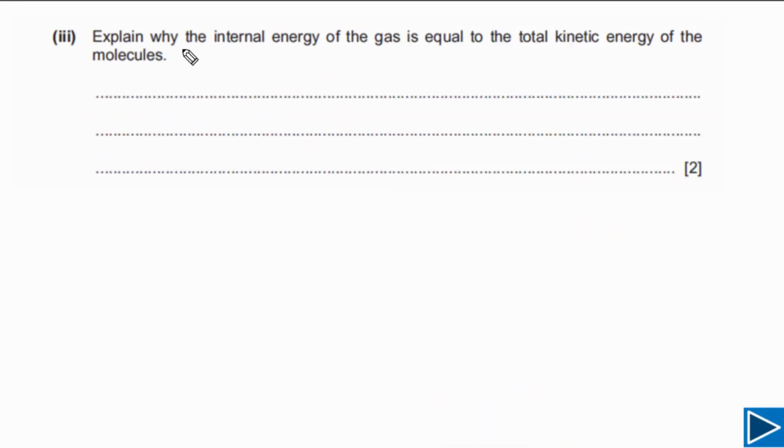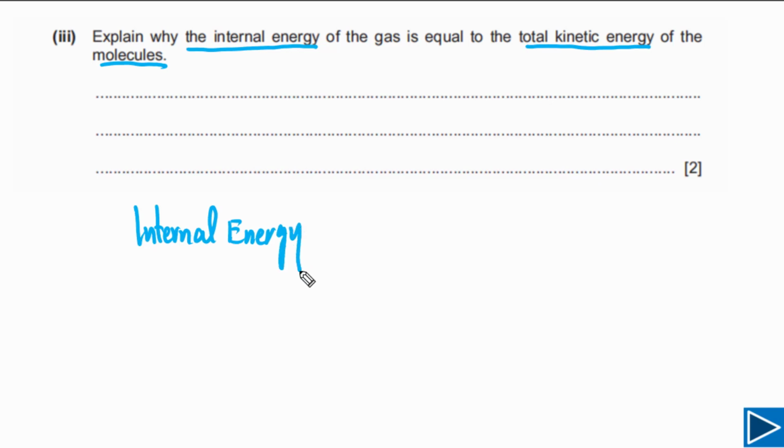For this question, we need to explain why the internal energy of the gas is equal to the total kinetic energy of the molecules. Internal energy of any gas is equal to the sum of kinetic energies of molecules plus potential energies of molecules.